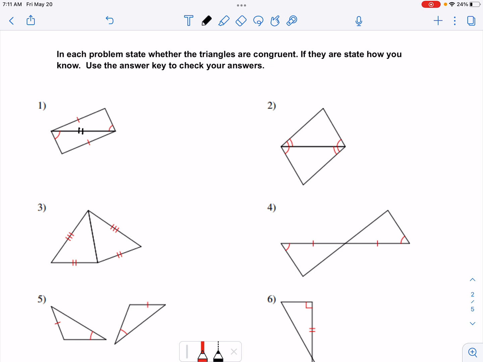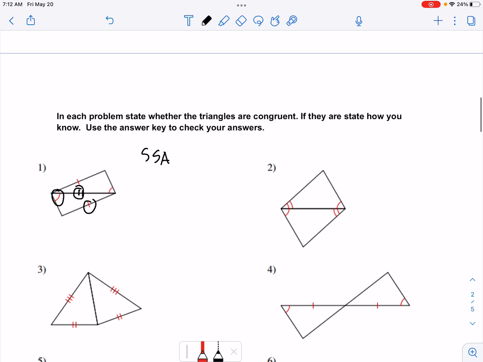Okay, so what do we have here? It looks like if we start with this one, we have side, side, angle, or we could say angle, side, side, which is not one of our triangle congruences. Remember, our total congruences are side, side, side, side, angle, side, angle, side, angle, and angle, angle, side.